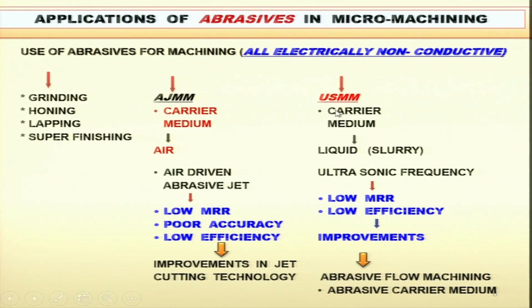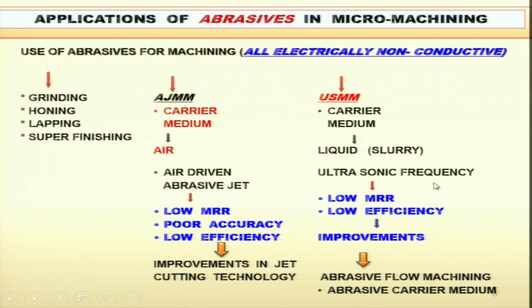On the other hand, you have the ultrasonic micromachining process where the carrier medium is liquid. Note it carefully, there the carrier medium was air, here the carrier medium is liquid slurry. Carrier medium mixed with abrasive particles is known as slurry.